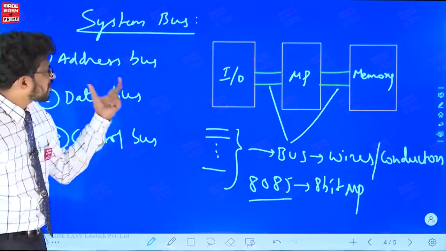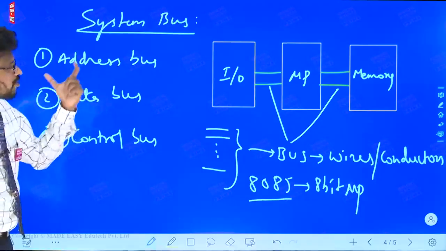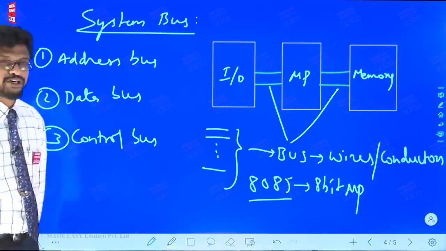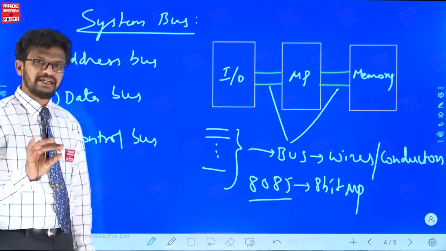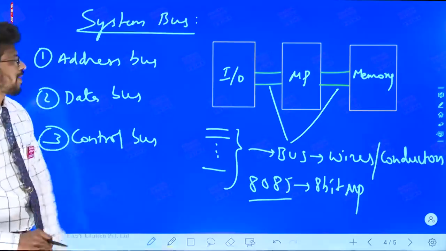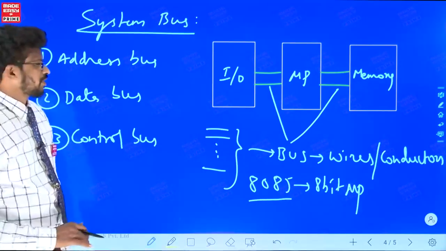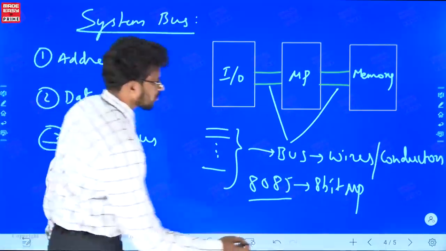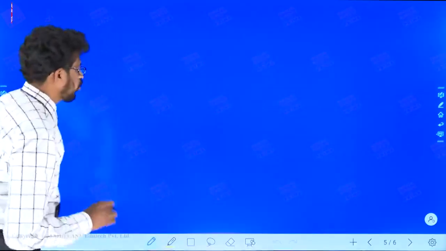And hence, we can now see what the purposes of these three buses are. Come to the first one, the address bus. I told you three parameters: purpose, length and direction. First parameter, purpose. What is the purpose of the address bus? The address bus has two purposes.